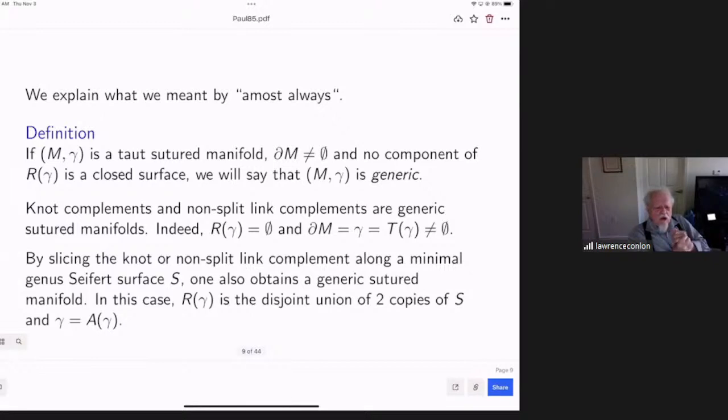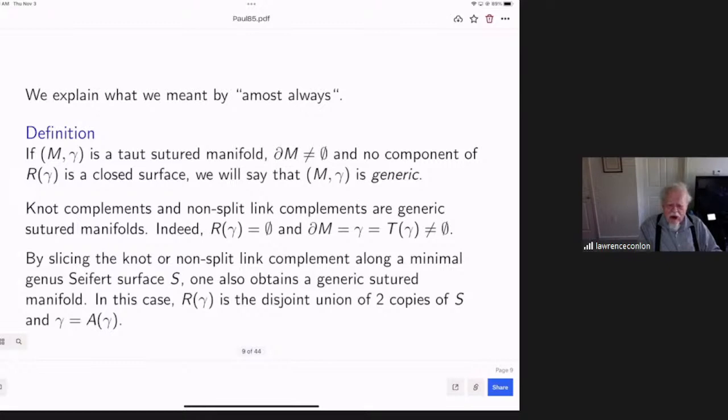Now, it's also useful to slice the knot or the non-split link complement along a minimal genus Seifert surface. And if you do that, you obtain a generic sutured manifold. And in this case, R(γ) is the disjoint union of two copies of the decomposing surface.